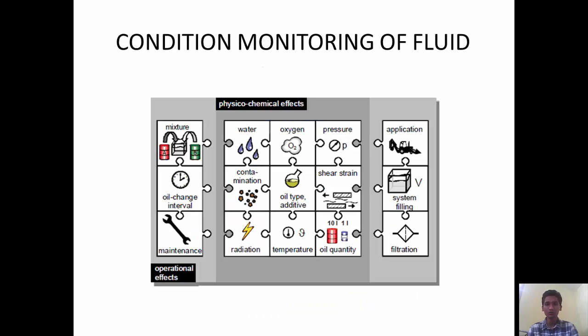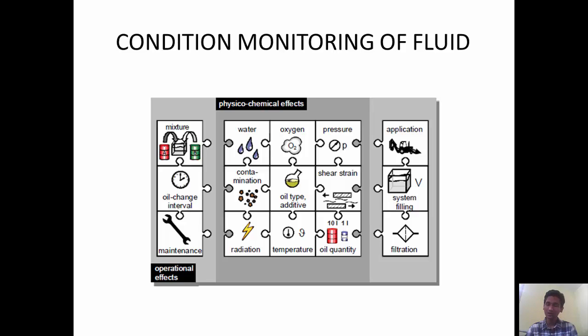Condition monitoring system: what are the main factors, the elements that affect the fluid? First, water. Because of the mix of oil and water, there is a chance of corrosion. Second, oxygen. Third is pressure. There is a lot of pressure difference that is not required in any fluid. Next are particles, as you already discussed.